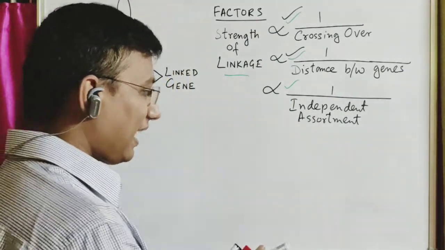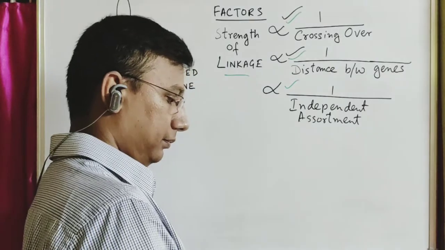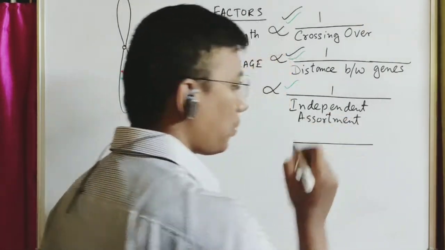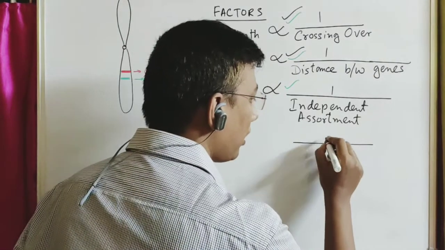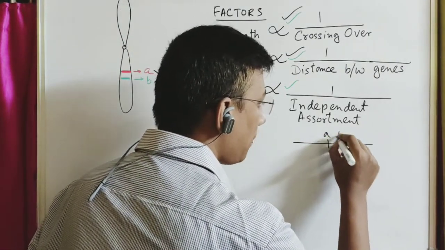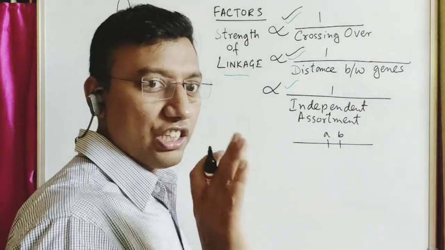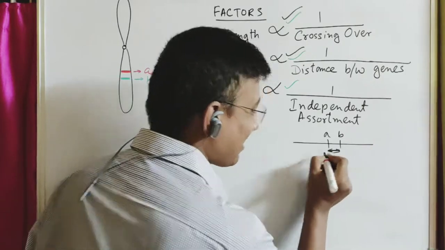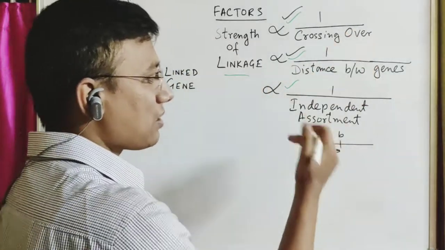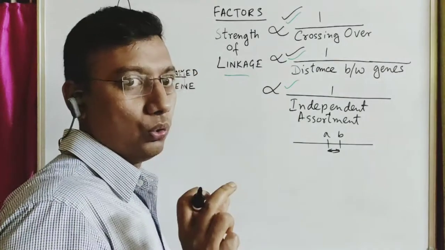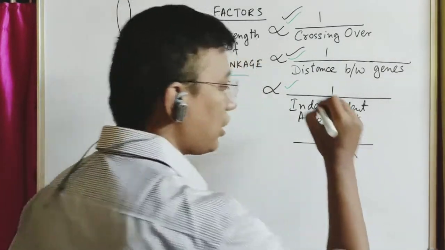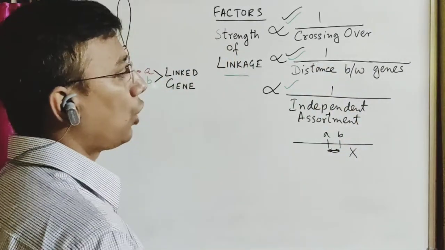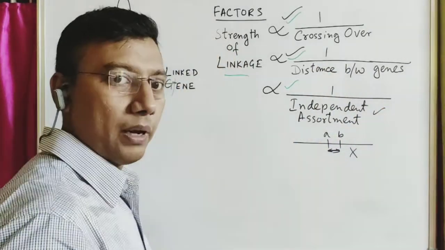So say here is one chromosome and gene A and gene B are linked, and the space in between, the distance between the two genes, is very low, then no crossing over or no independent assortment.